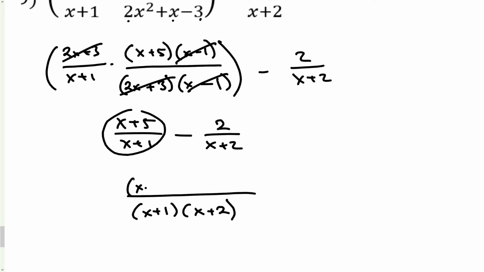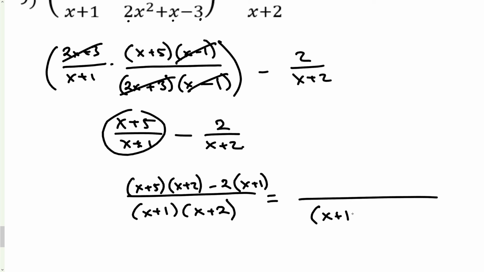So I take x plus 5 and I multiply it by x plus 2, because I already had an x plus 1, minus 2 times x plus 1, because I already had the x plus 2. My denominator, x plus 1, x plus 2.